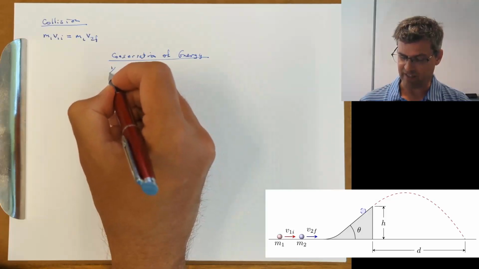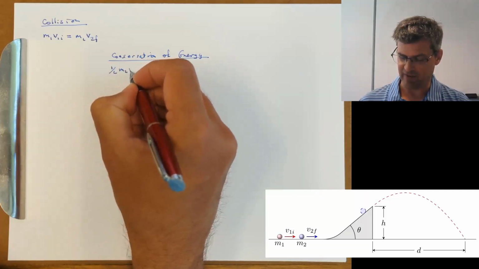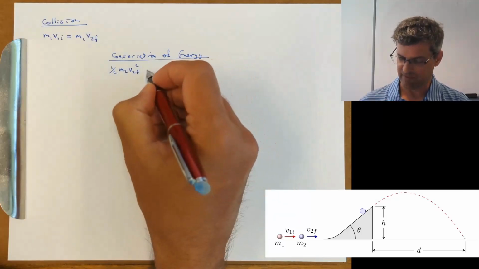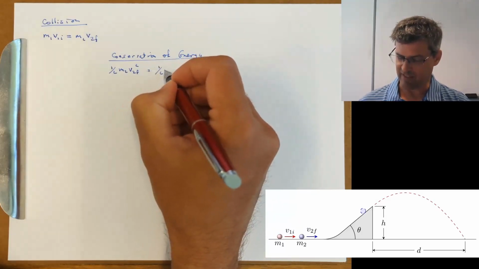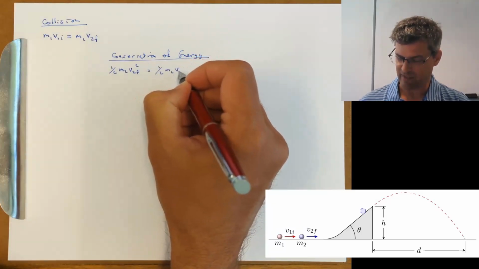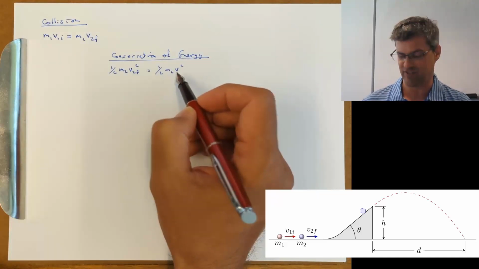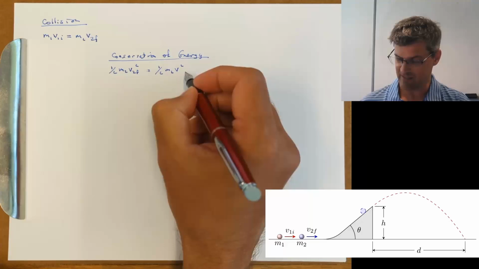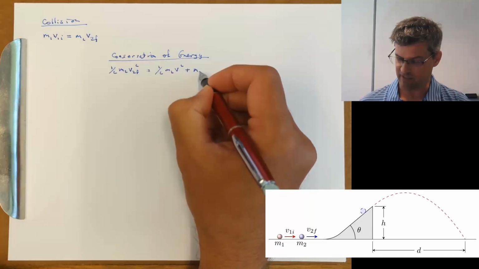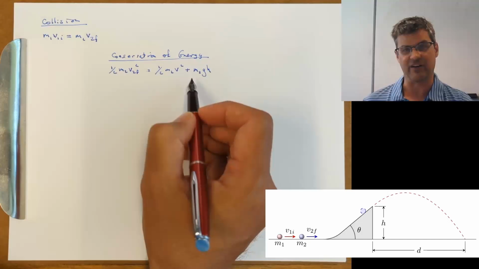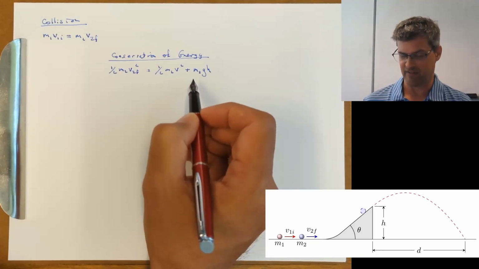I know that the kinetic energy of M2 at the bottom of the ramp is going to be equal to the kinetic energy of M2 at the top of the ramp. I'll just say that that launch speed is V, just to make things easy. But we also have potential energy here. So this is a statement of conservation of energy.